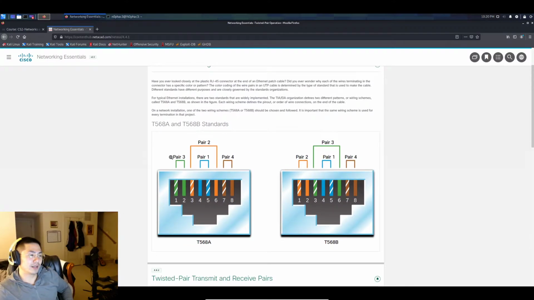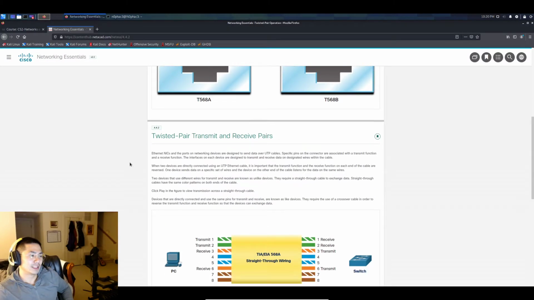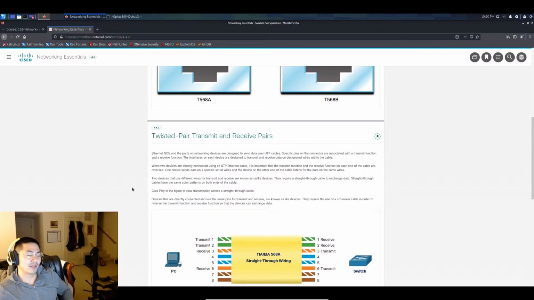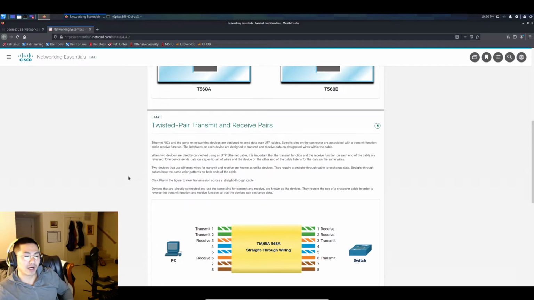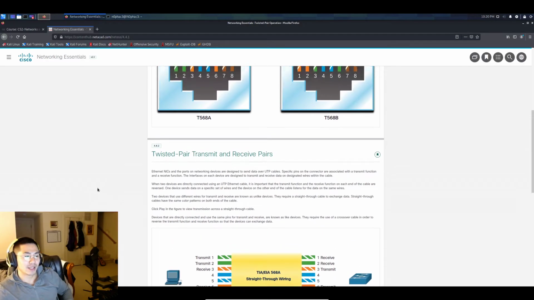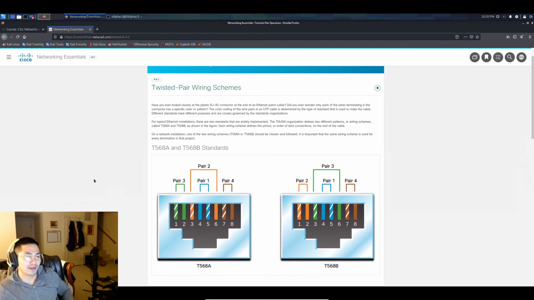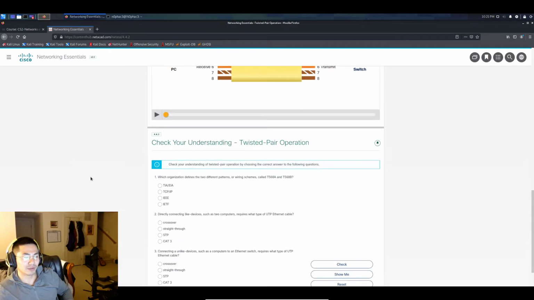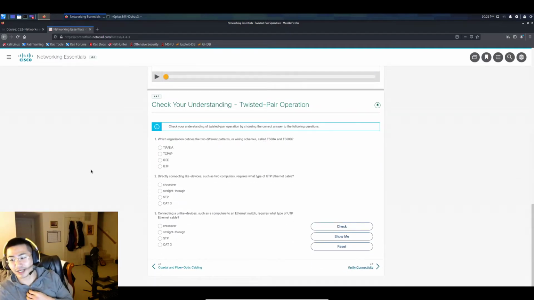I don't think it's that it's not important to know these things. If you're going to get into networking, like become a network engineer, I can see why you would want to understand how Ethernet cables work. I just don't think it's entirely important, in my opinion.